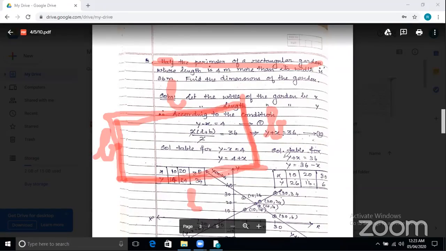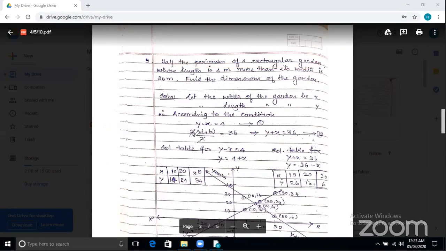Therefore, this will be 2 into L plus B. Half means we are dividing by 2. Any doubt here? Therefore, these two will get cancelled. Therefore, L plus B is equal to 36.